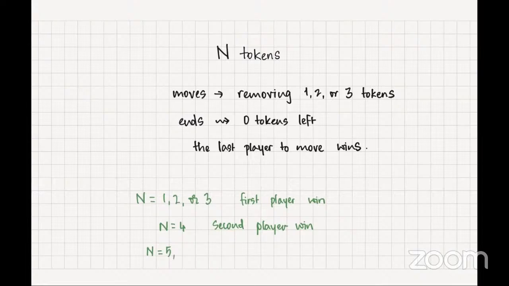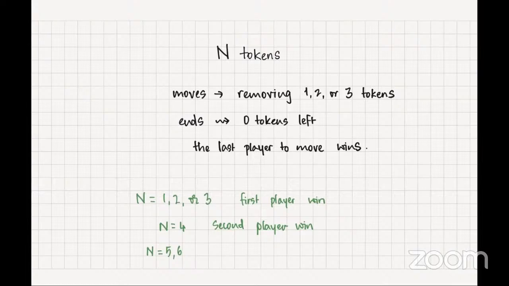What about if there are 6 tokens on the table? Well, in this case, again, remember that if we give the other player a situation where they have 4 tokens, then from there, it's the other player that wins. So I hope that makes sense.